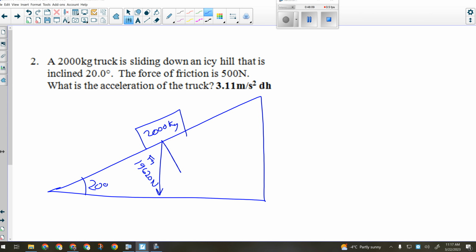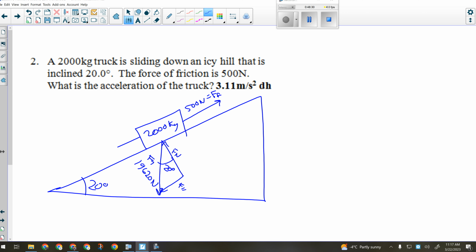Normal force, which won't be required for our purposes in this question, and F parallel. The angle inside this triangle is 20 degrees. The other thing they tell us is that the force of friction is present, and because the truck is going down the hill, the force of friction must be up the hill.